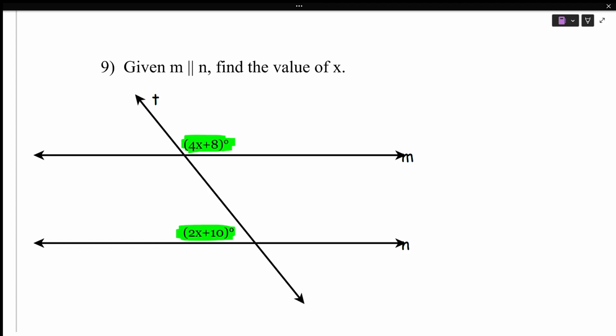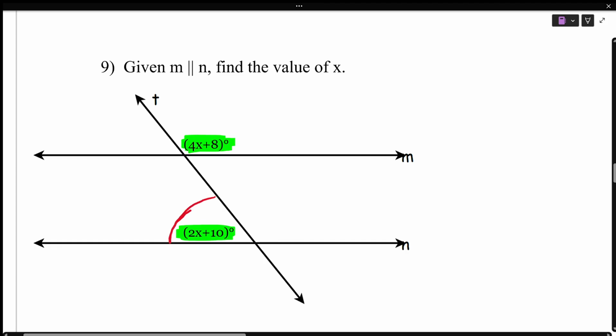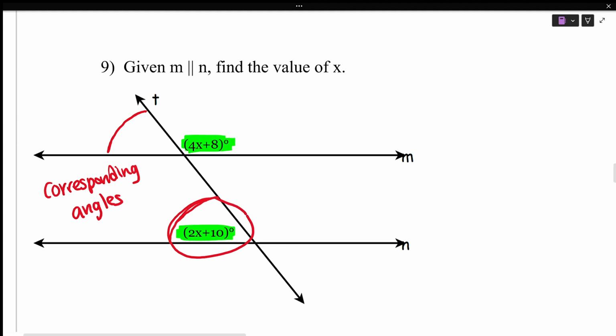Let's take this 2x for example, and this empty part. Those two angles are corresponding, and we know that corresponding angles are equal to each other. So if this is 2x plus 10, we could also say 2x plus 10 is up here.